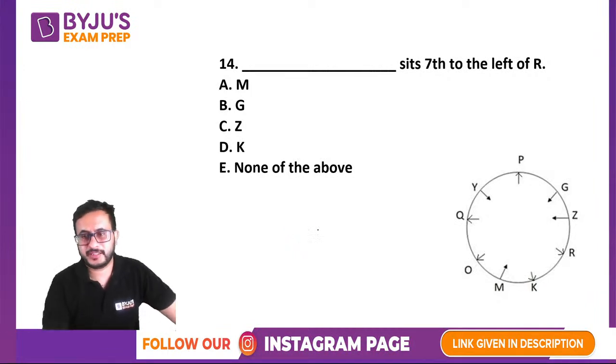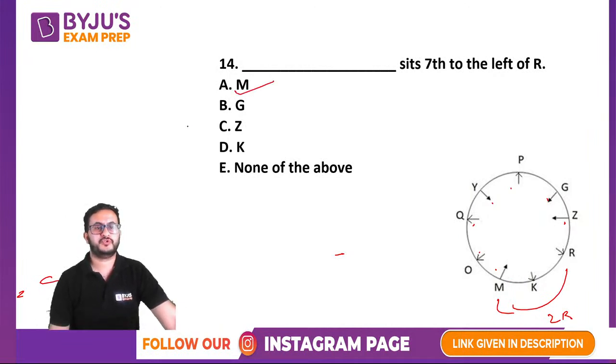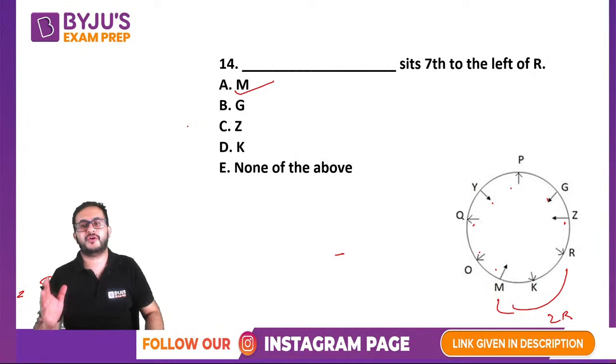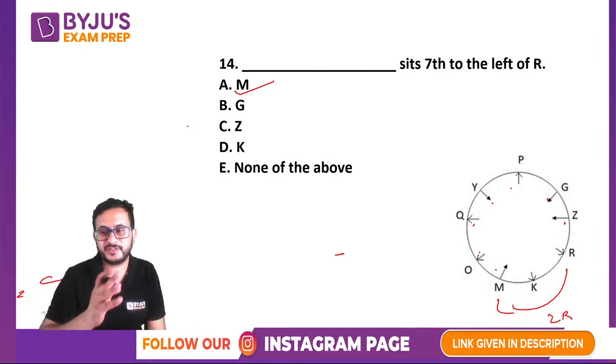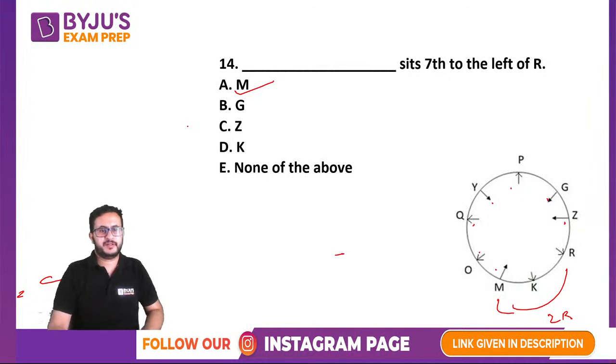Now if you count like this, seven to the left from this side will be 1, 2, 3, 4, 5, 6, 7. Instead, find second to the right. Okay, so that will be M. So you should know if they ask you to count seventh from the left, instead of counting seventh, you should find second to the right. That makes sense.